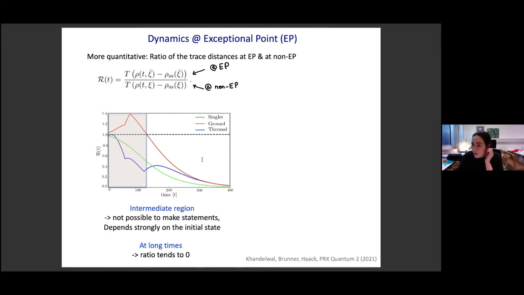And in the paper, we derive the proof, taking into account the exact dynamics of our system, and we could really show that this ratio tends to 0. And we think that this can be a way to assess whether your system reaches critical damping or not.